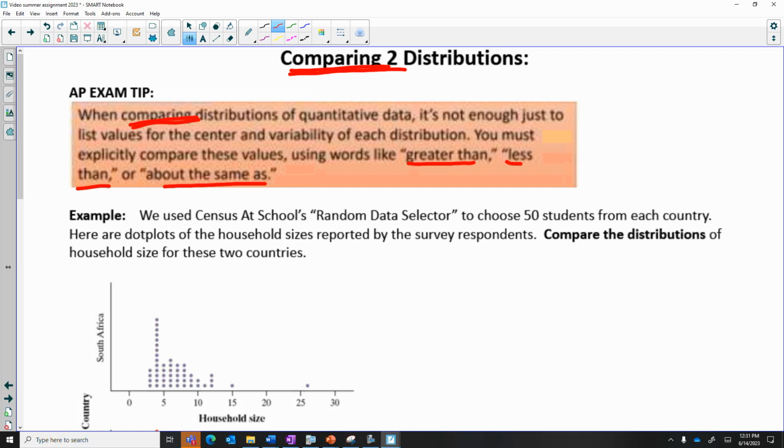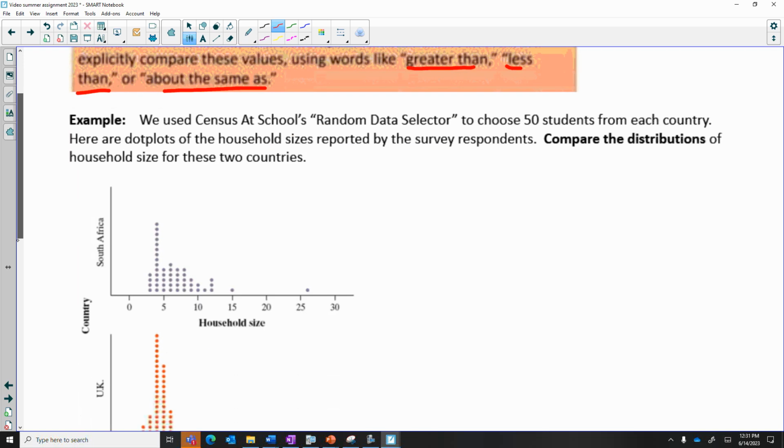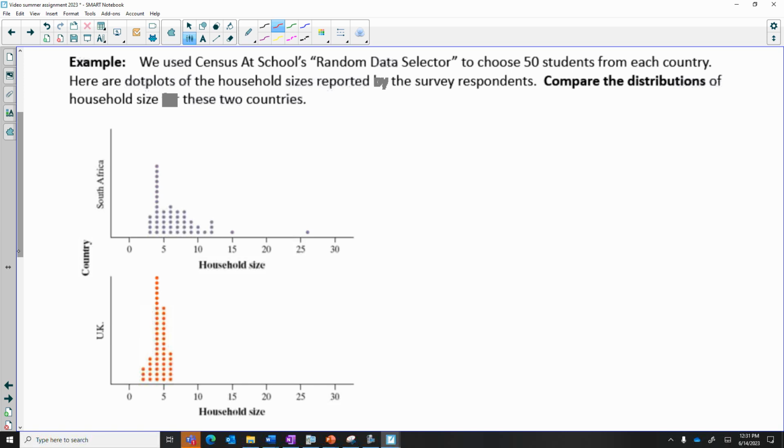So here's an example. So here we have 2 distributions for household size in 2 different countries, South Africa versus the UK. And it looks like they chose 50 students from each country. So the sample size for each one of these was 50. So that's n, sample size of 50.